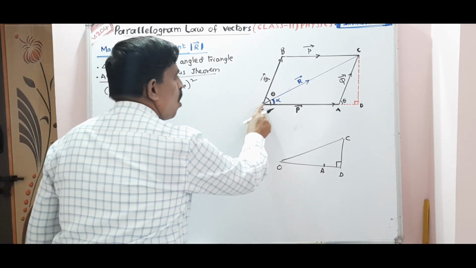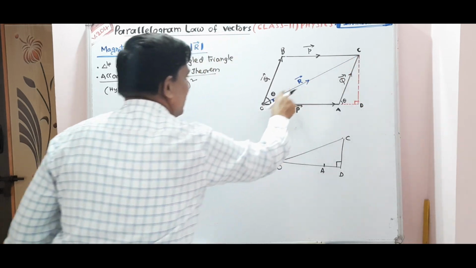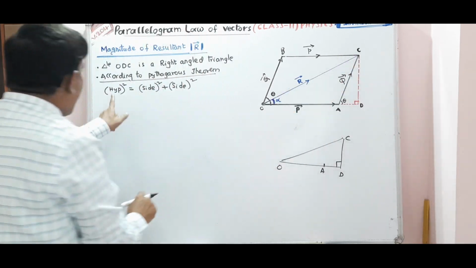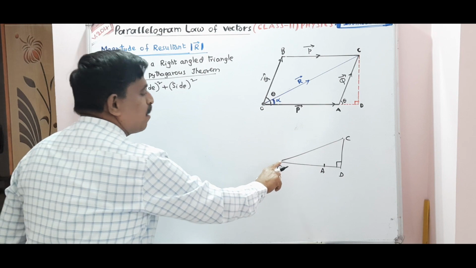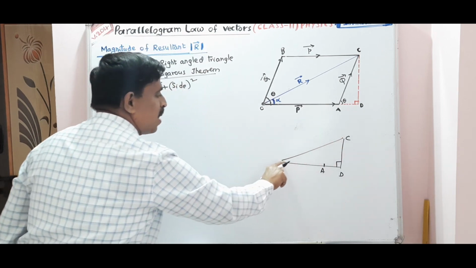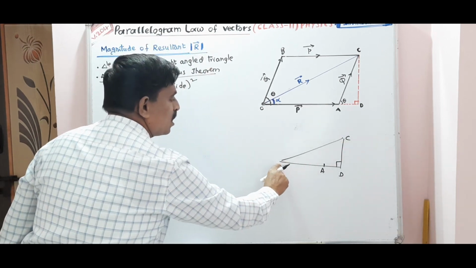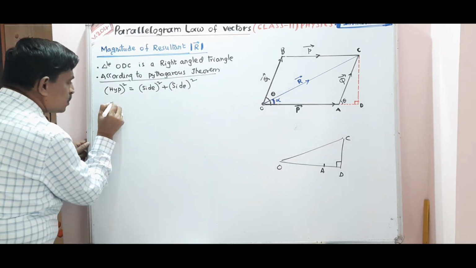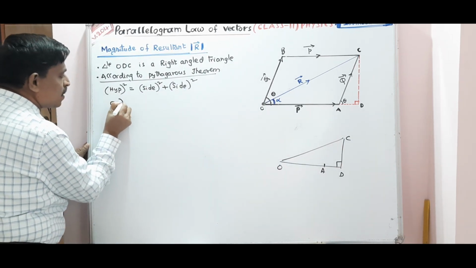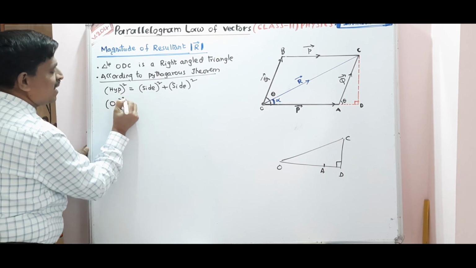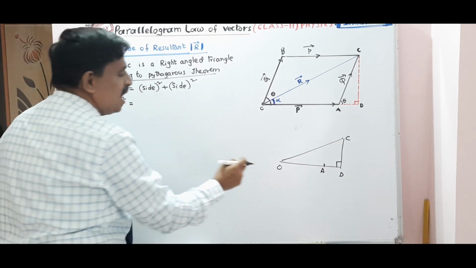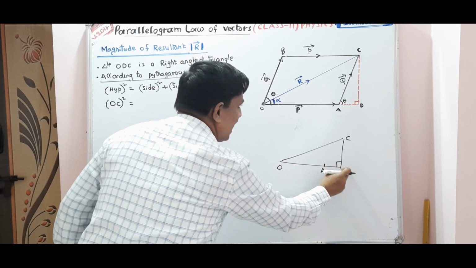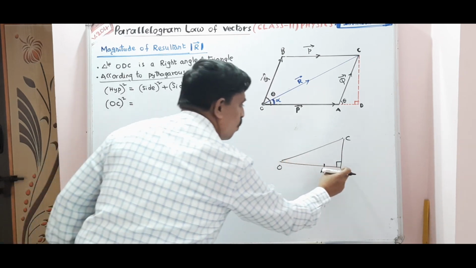In this ODC right angled triangle, hypotenuse is nothing but OC. Hypotenuse means OC square, I am writing square.